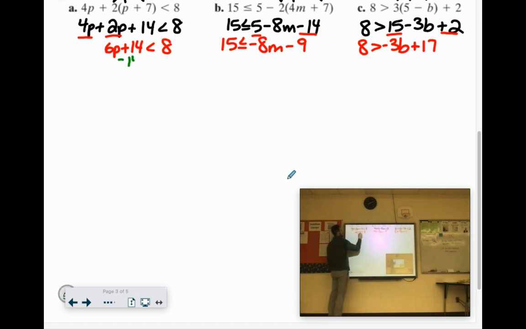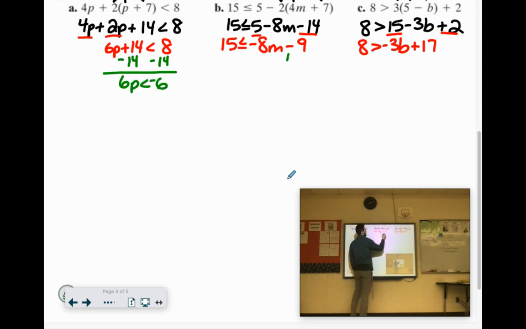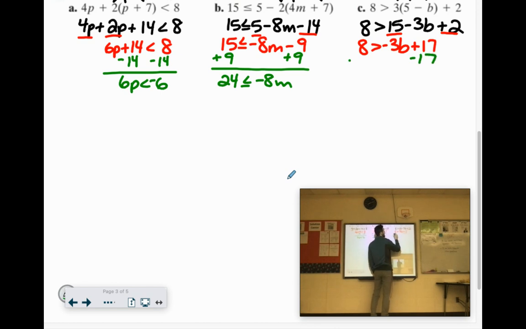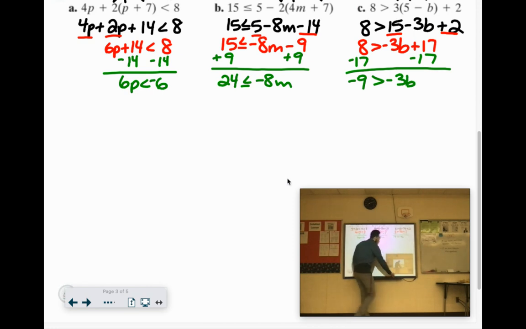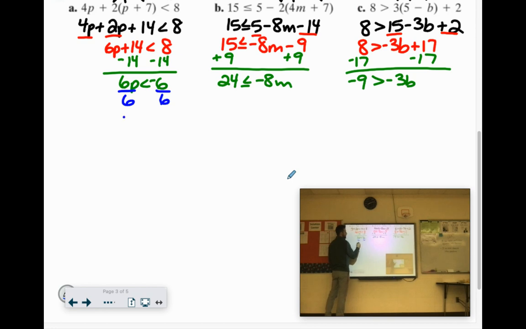Subtract 14. Here we're not going to flip the sign because even though the negative 6 was negative, we're dividing by a positive.